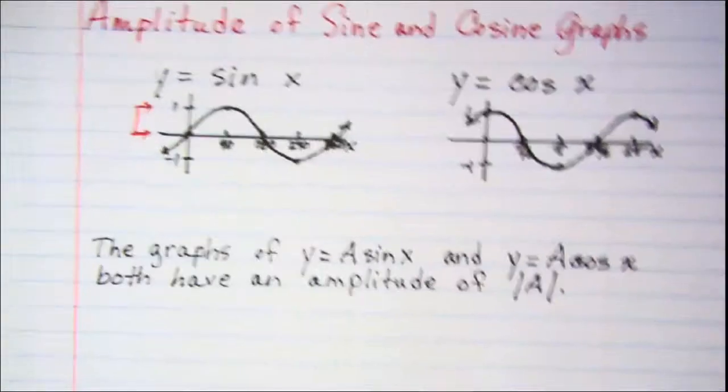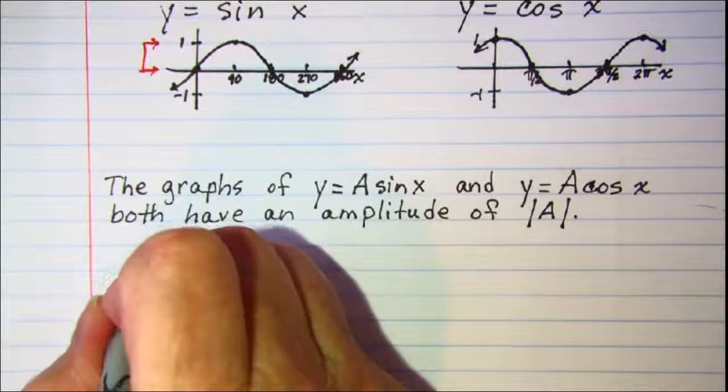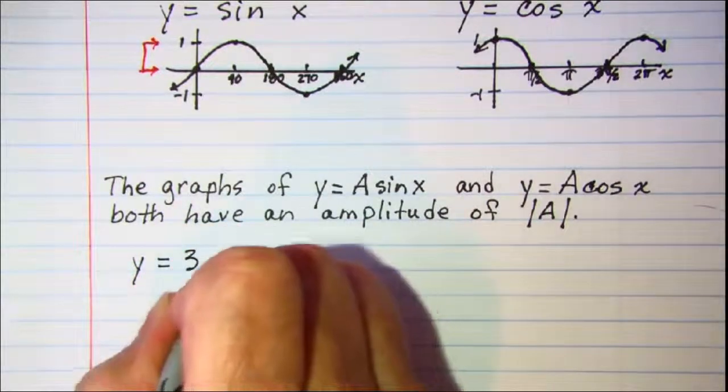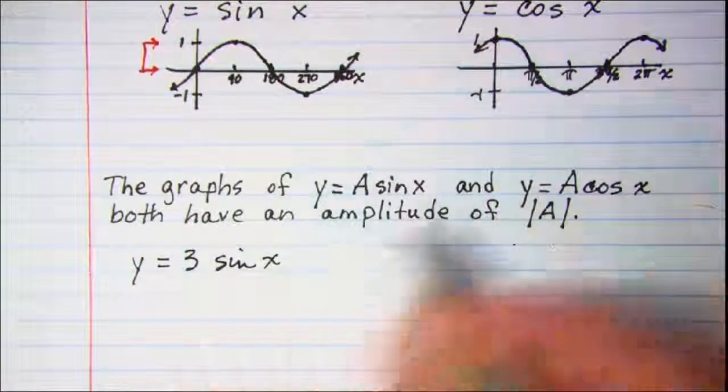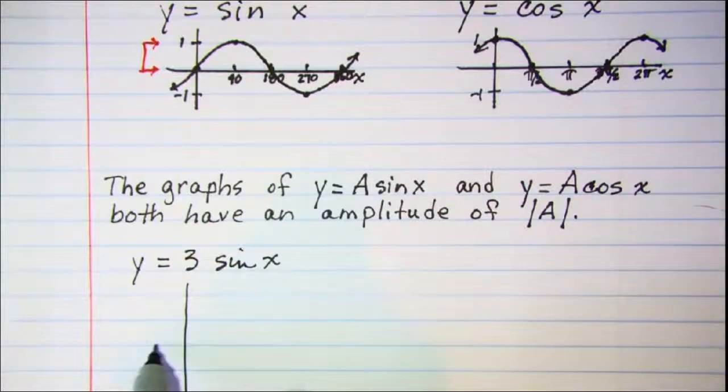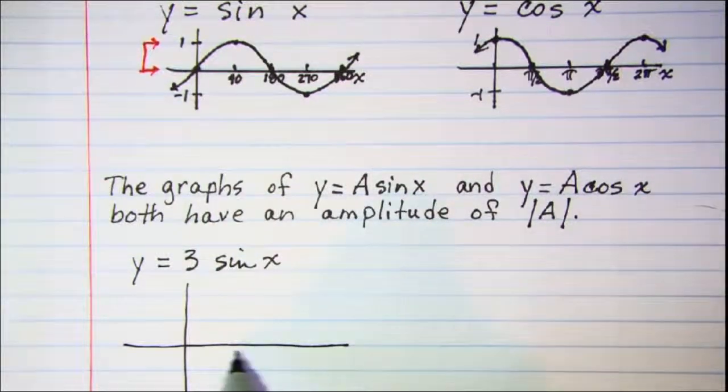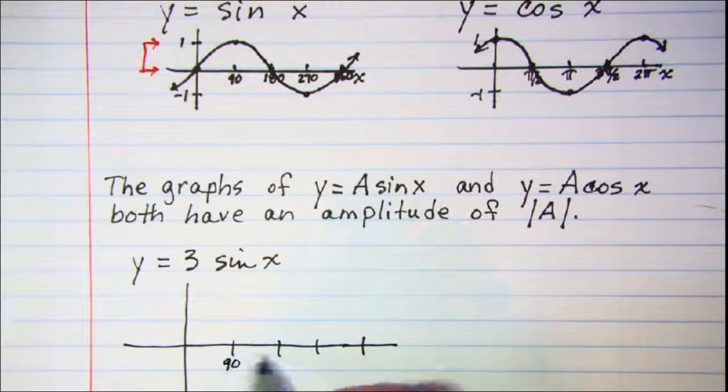So if we were asked to graph y equals 3 sine x, there's my 4 quadrants. I'll measure 90, 180, 270, 360.